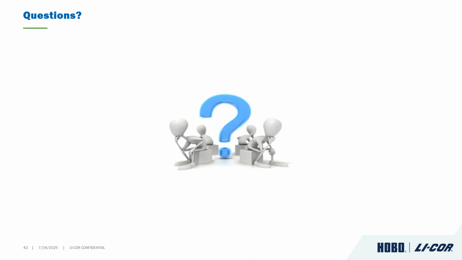Absolutely. So as many of you may be familiar, HoboWare has been the main source of downloading and viewing the data from our USB loggers. And as some of you know as well, the Hobo Connect app has been more focused towards our Bluetooth loggers. As we move forward, we begin to use Hobo Connect more and more, and we've recently incorporated the ability to use many of our UX loggers or USB loggers into Hobo Connect.